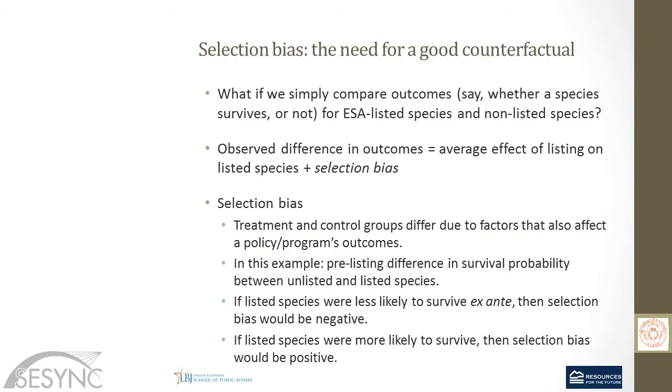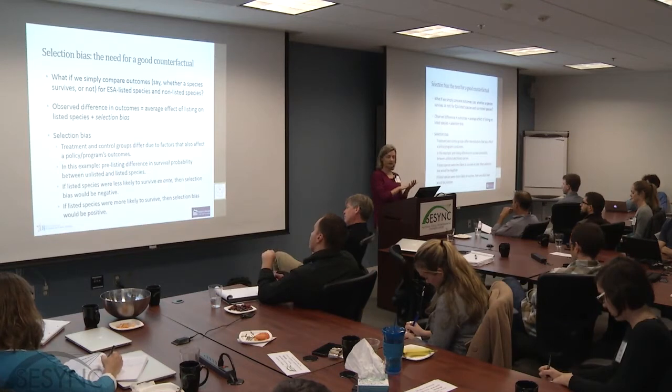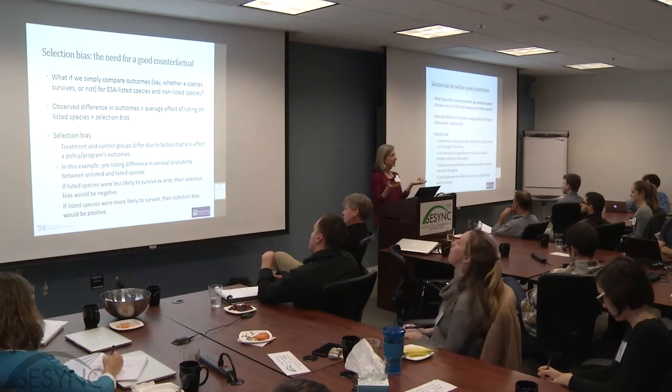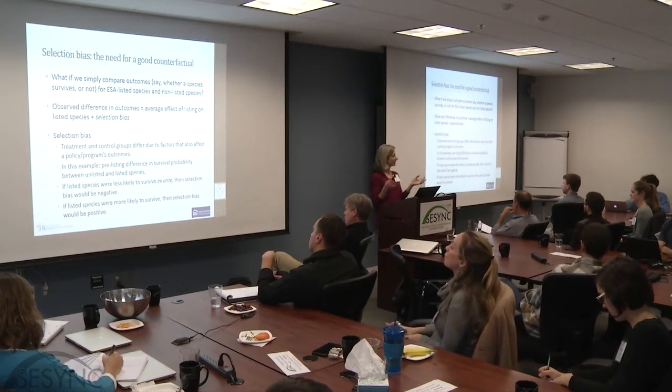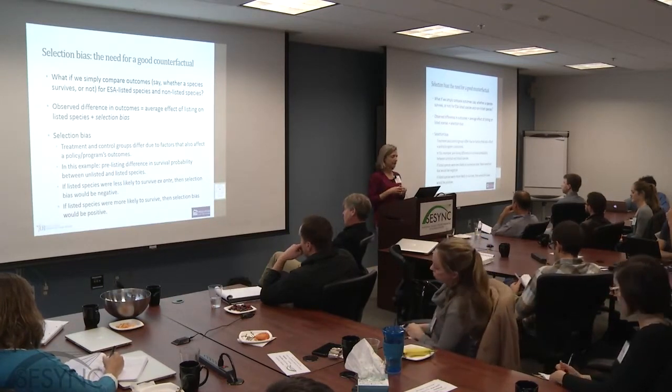But I could also have another story. Maybe listed species were more likely to survive. An agency was thinking, well, I think I could actually do something about the survival probability of this species, so I'm going to list it. And then again, I have it going the other way, but I still have this problem of selection bias. And either way, whichever way it goes, it's going to get mixed in there if I just use this observational data on listing to understand the impact.